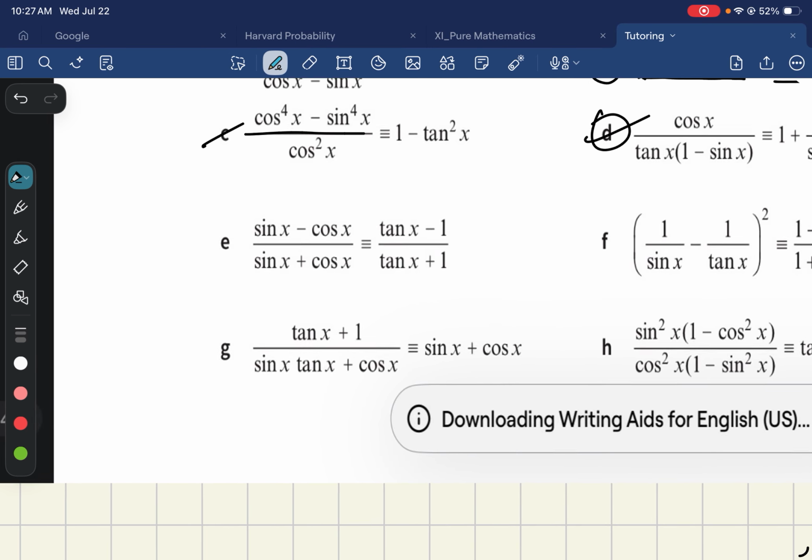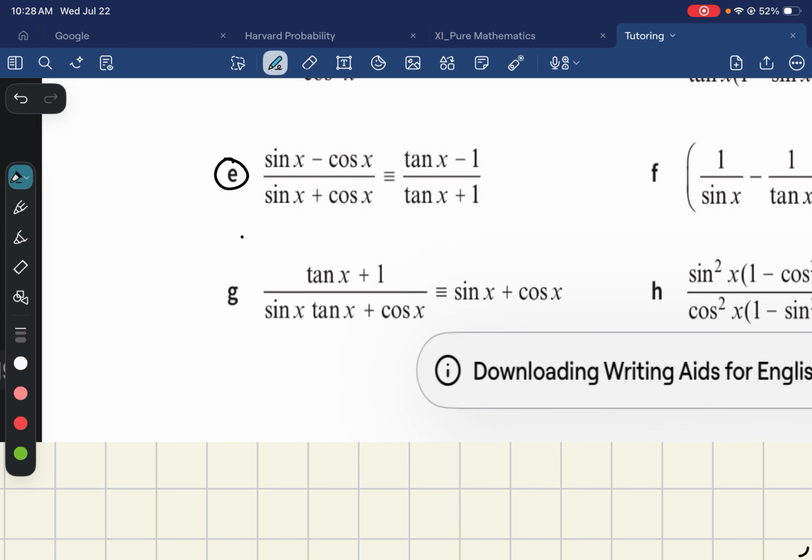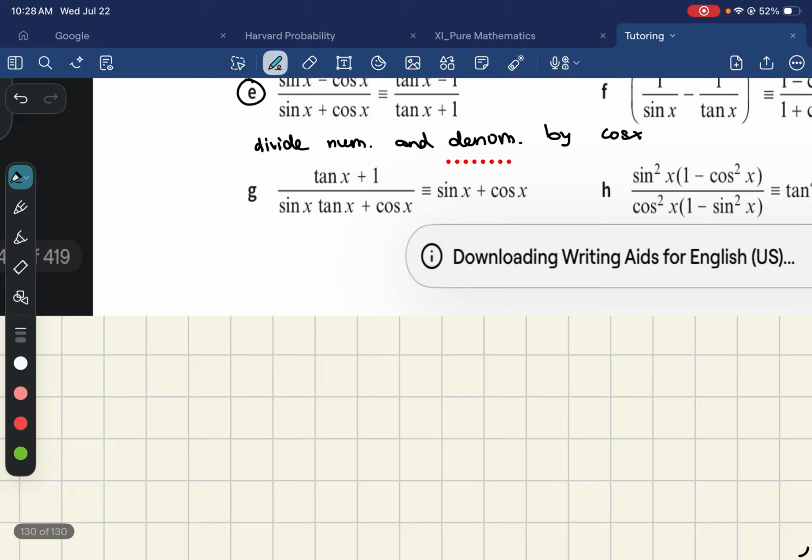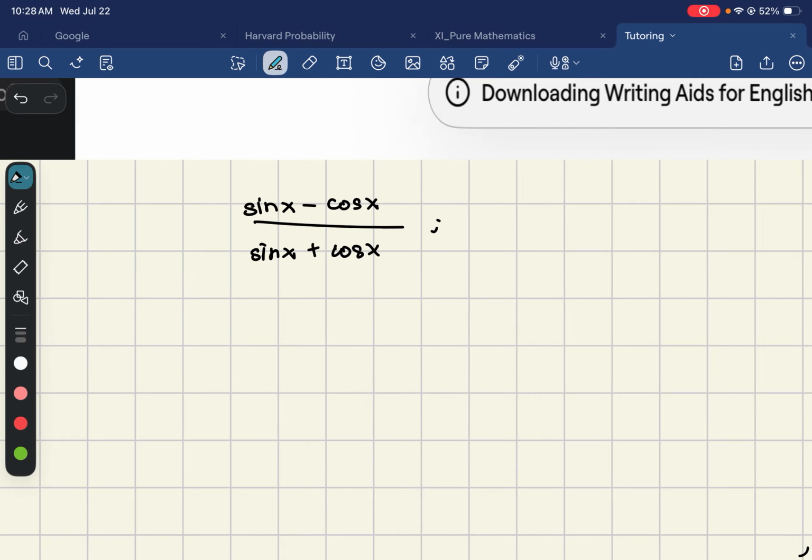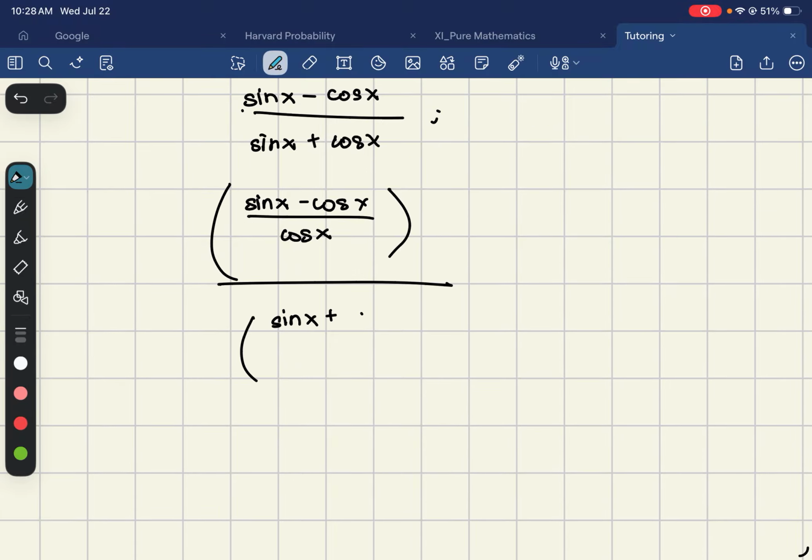How do you solve E? Well, E is fairly simple. You divide numerator and denominator by cos x. Why does this work? Well, let me show you. Sine x minus cos x over sine x plus cos x. You divide by cos x in the numerator, over cos x, and the denominator likewise.